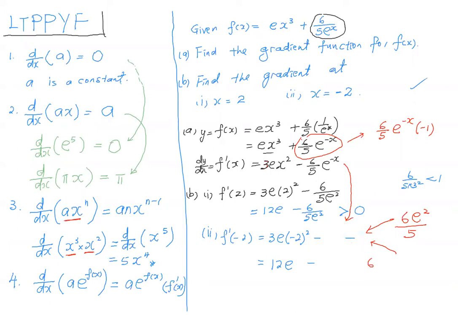I follow the formula that I get. So this one I will get as 6/5, e to the power of negative, my x is -2. So isn't this 6e squared over 5?